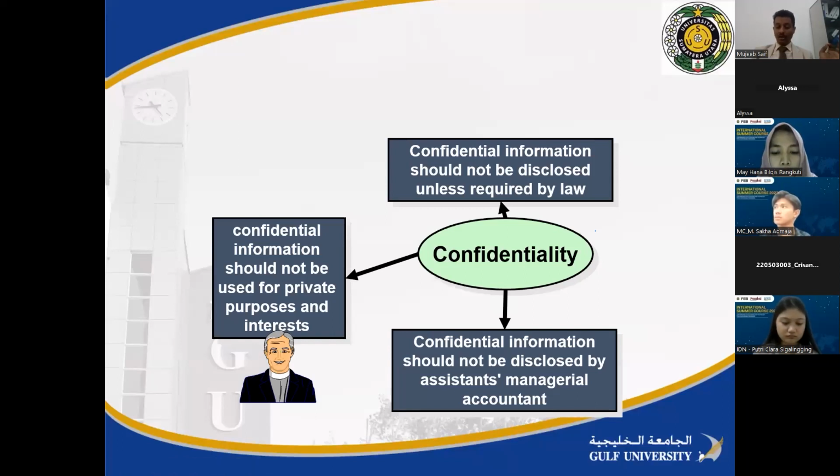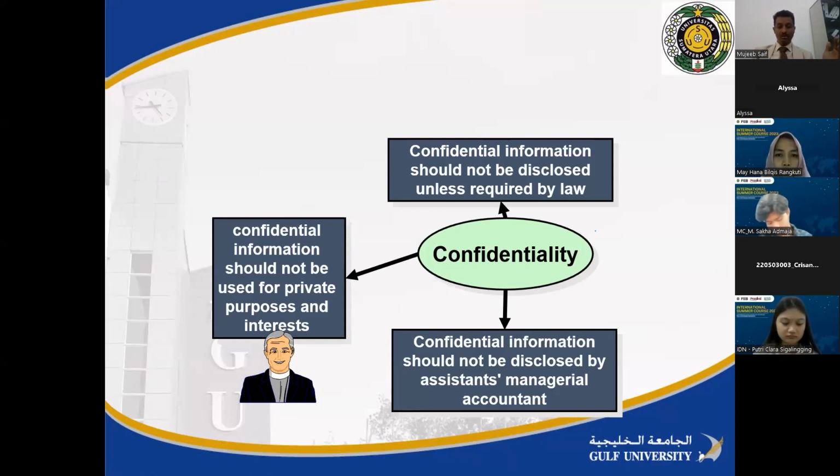Or if I observe that my organization does something wrong against the community or the government, I can disclose this information to the government. But otherwise, I never disclose any information regarding this company to another party, whether a competitor, friends, or anybody.